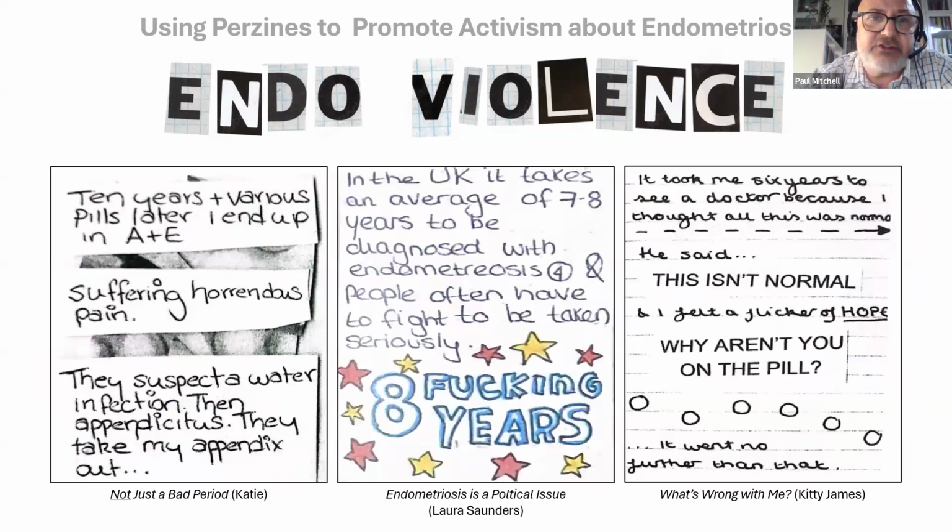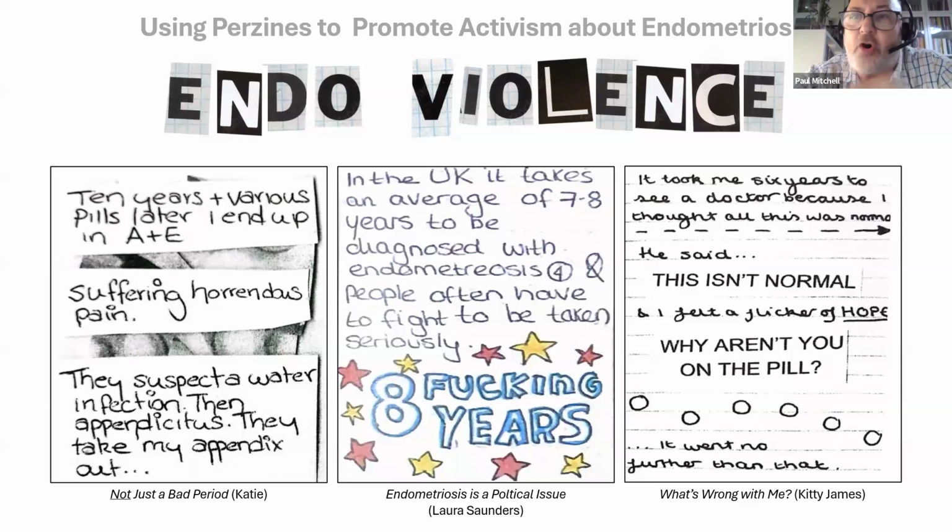And in the medical sphere, the situation is even more stark, with people from across the world reporting similar problematic encounters with healthcare professionals. And here we can see three perzines in particular that identify the institutionalized aspects of endoviolence, from frequent misdiagnoses that lead Katie to have her appendix taken out, to years of diagnostic delays, and to the overprescription of hormonal birth control, which is a solution that can reduce pain but does nothing to solve the actual underlying problem.